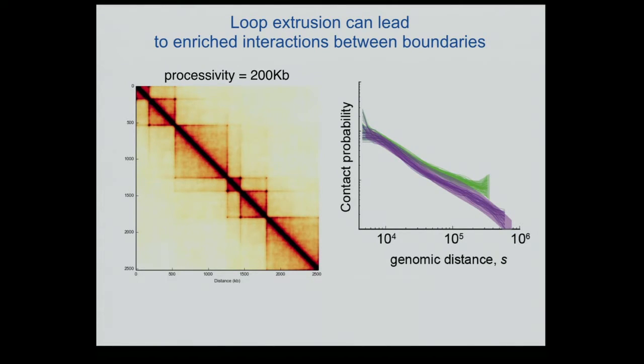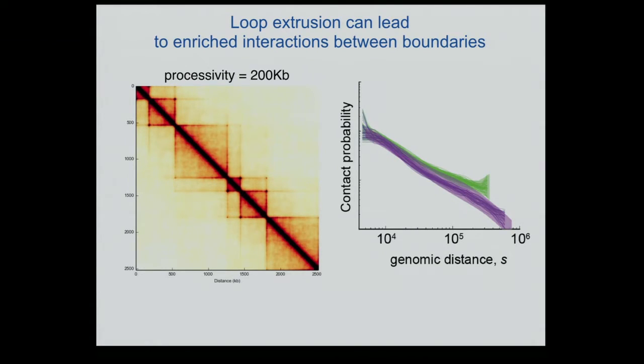Yes? Is this a snapshot? It's a population average. But what fixes these corners to be there? It's a great question. So there are boundary elements here. One cohesin hits at the boundary, and one side of the cohesin hits the boundary; the other side keeps extruding a loop. Are those distributed initially in the simulation?